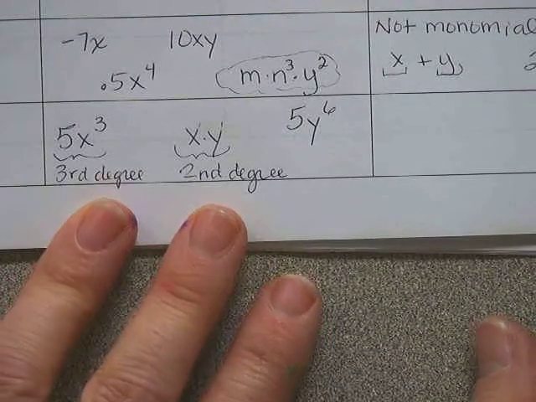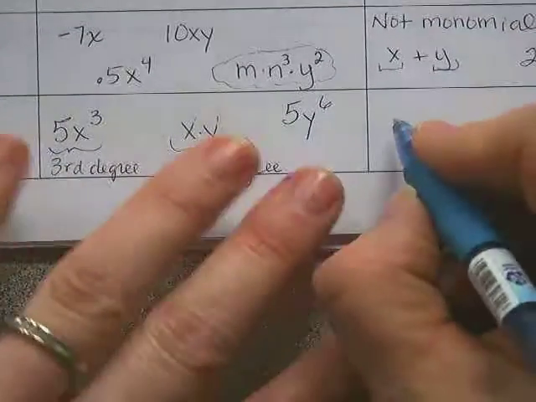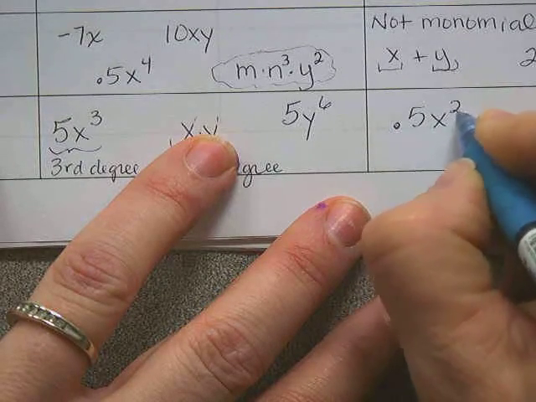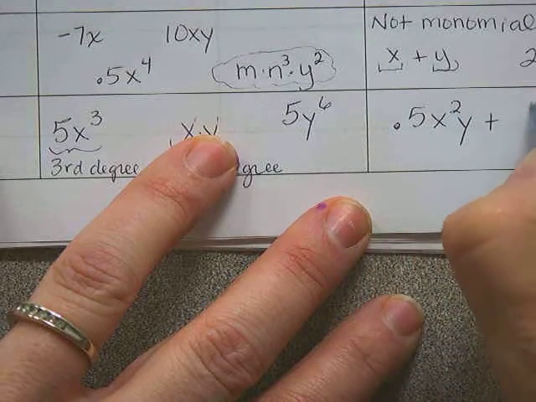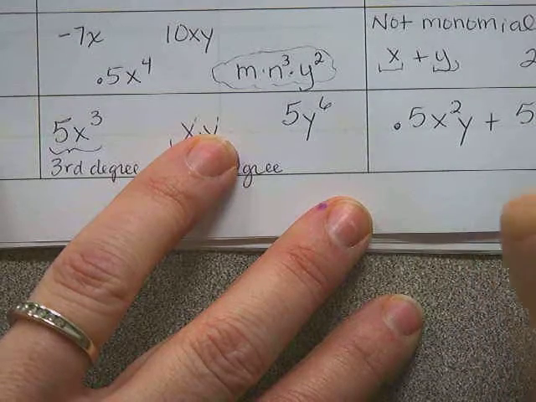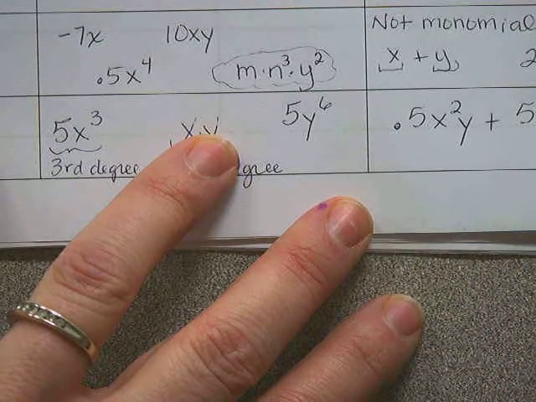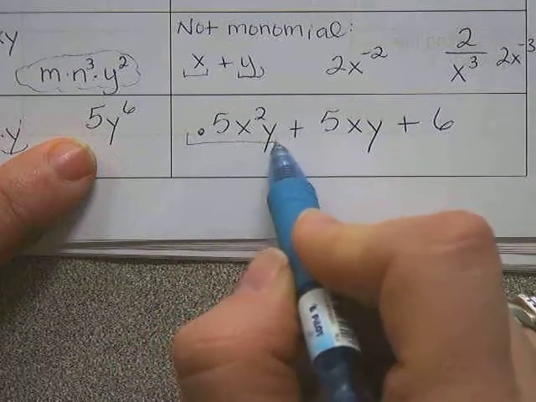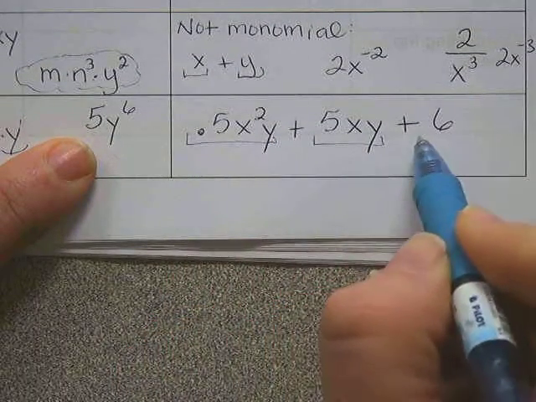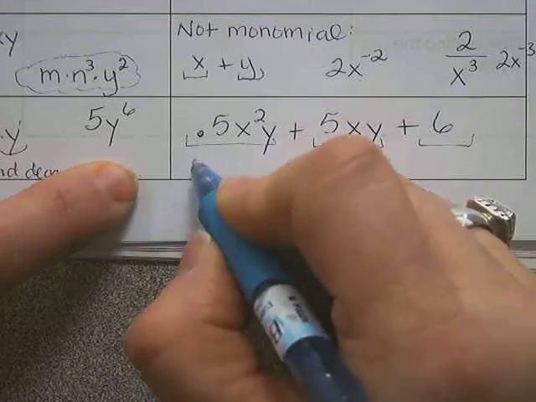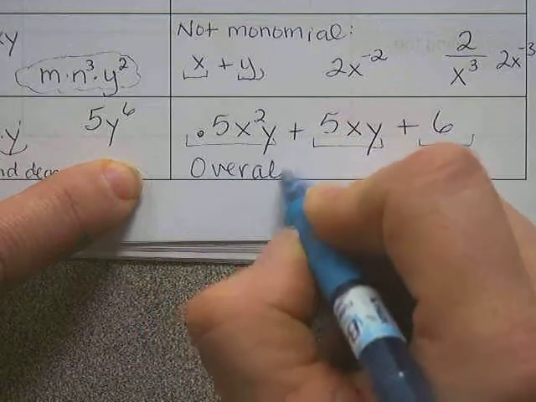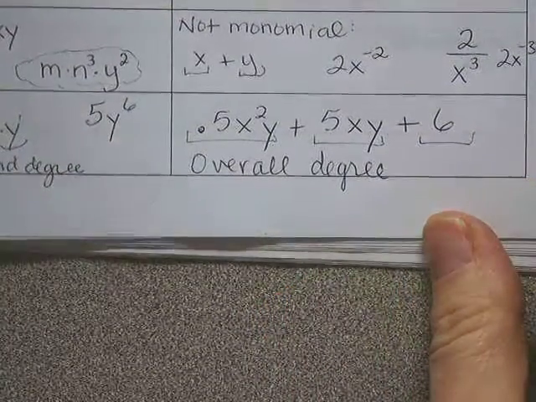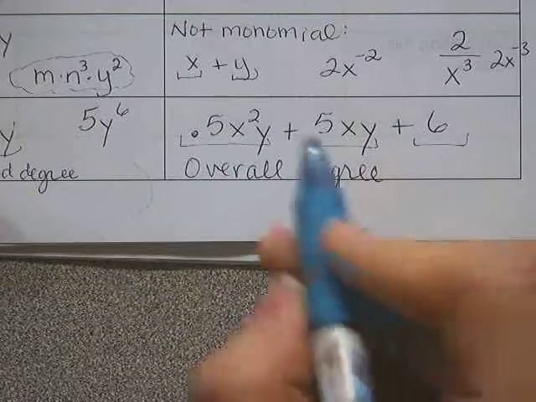So when you put these together, if you had a long expression like this, 0.5 x squared y plus 5xy plus 6. This has three terms, three monomials that are being added together. So to find the overall degree of this polynomial, you need to find the degree of each individual term.